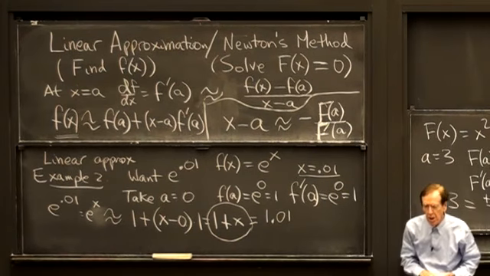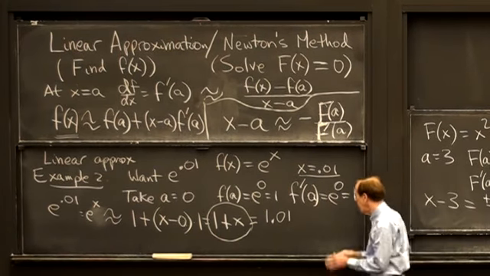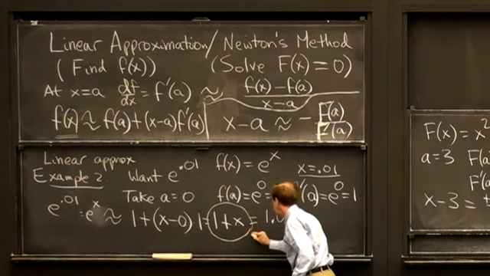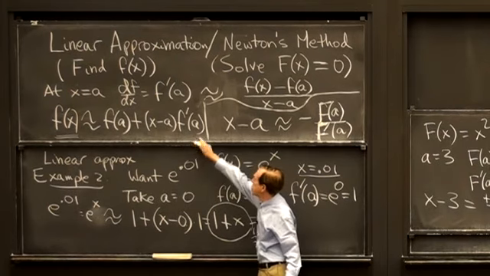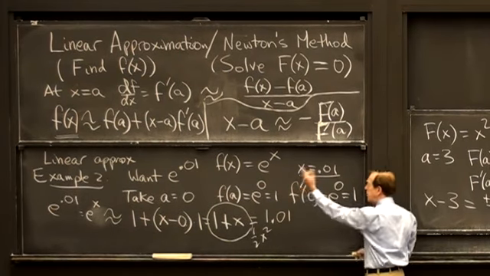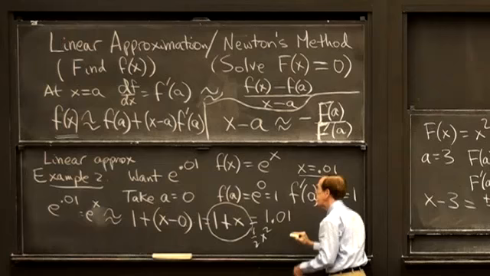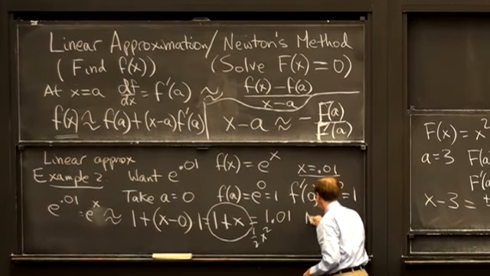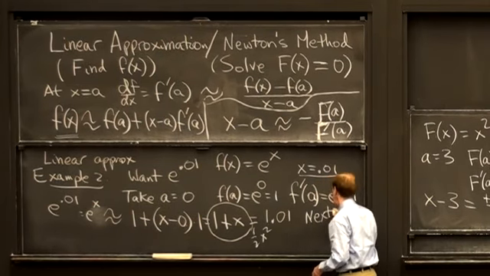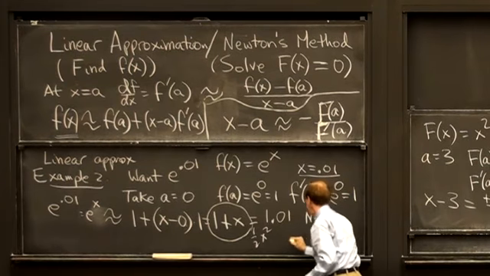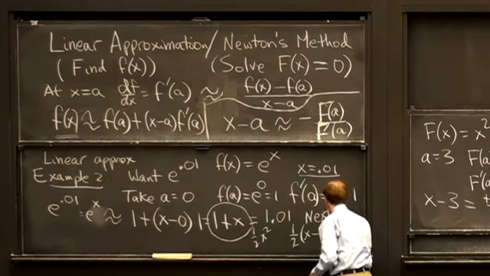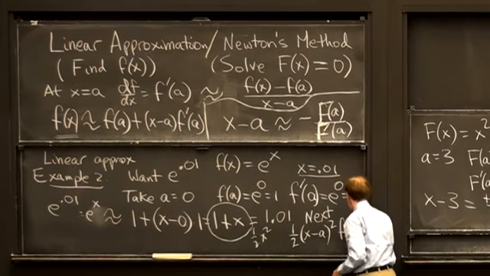And you might say, what's the next term? Of course, we know that the next term is 1/2 x squared. And you could ask, what's the next term in the general case? Actually, let me tell you, the next term, but we're not using it, would be the 1/2 times x minus a squared, times the second derivative at a.